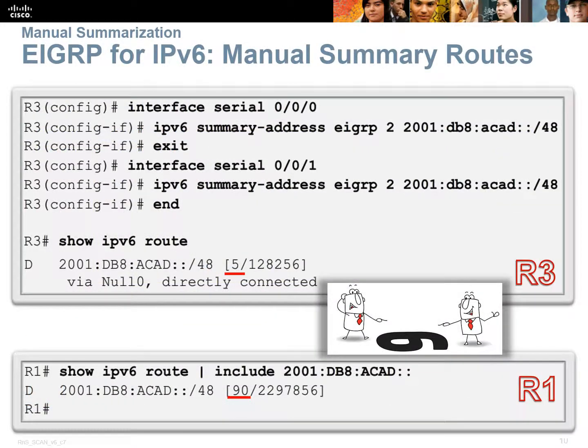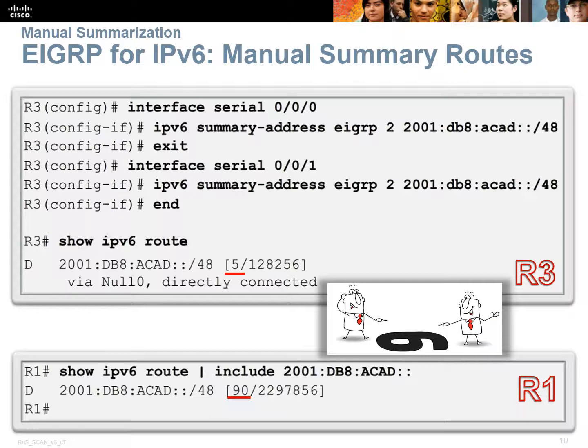The interesting thing about manual summarization is the way the router trusts that information. So this is important, on the router that is performing the summary, the administrative distance of that summary route is a 5. But everyone who learns about that summary route learns it normally as a normal 90, the administrative distance of 90.